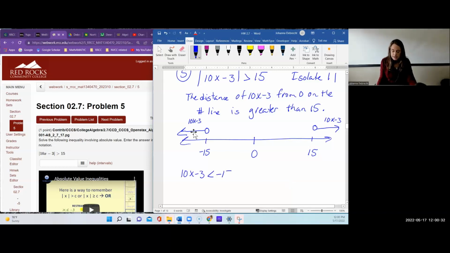That's what this represents. This is where 10x minus 3 is, and it's on the left side of negative 15, which somehow didn't get drawn completely. Or we have another possibility. The other possibility is called 10x minus 3 being to the right of 15.